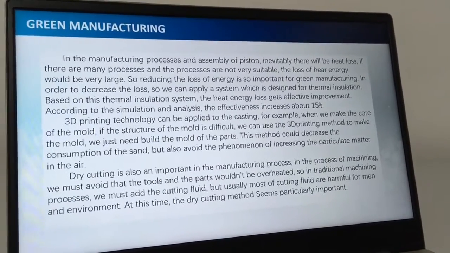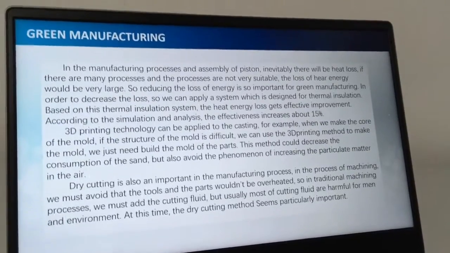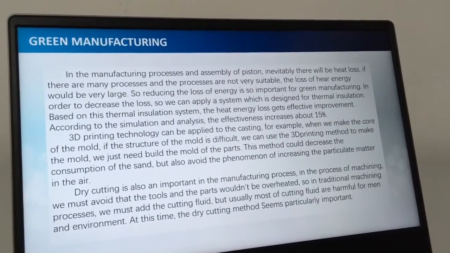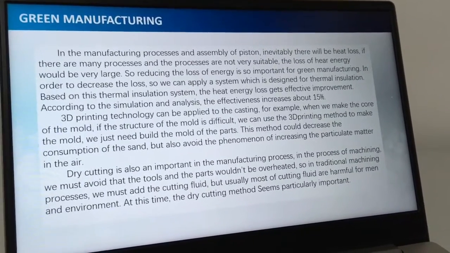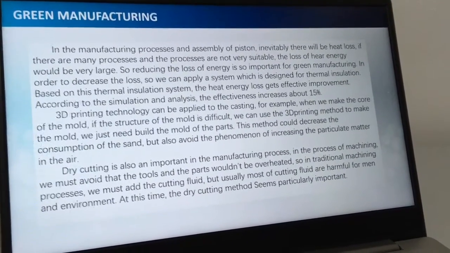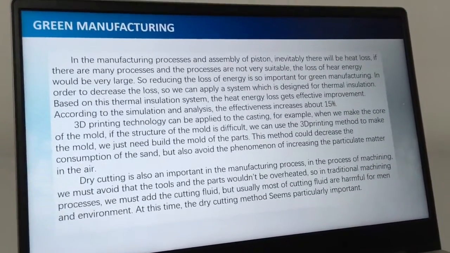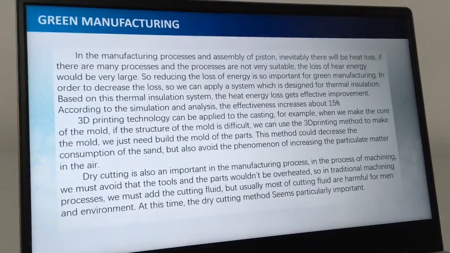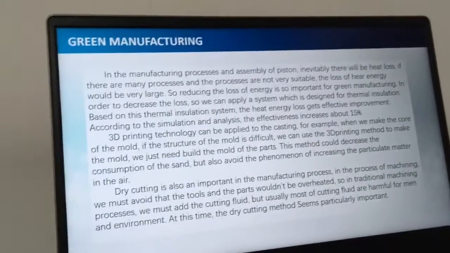In order to decrease the loss, we can apply a system which is designed for thermal dissipation. Based on this thermal dissipation system, the heat energy loss gets effective improvement. According to the simulation and analysis, the effectiveness increased about 15%.